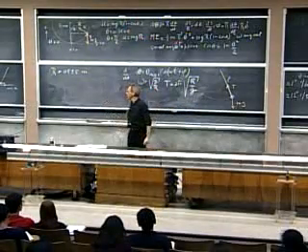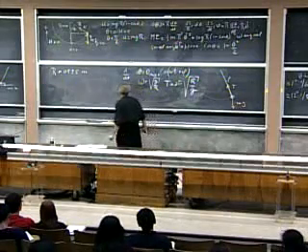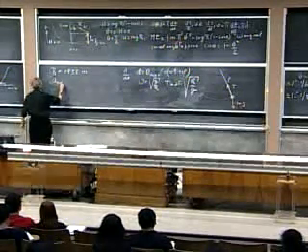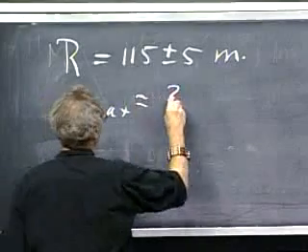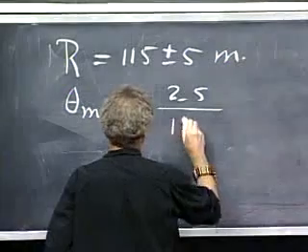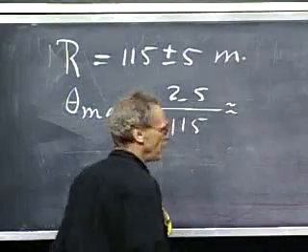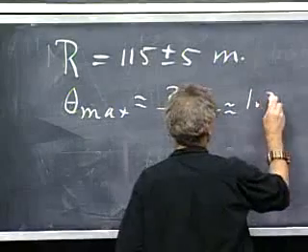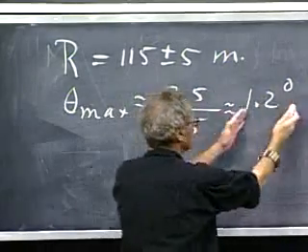So half the track is about 2.5 meters. So the angle theta maximum is approximately 2.5 meters, which is half the length of the track, divided by 115, and that is an extremely small angle. That is about 1.2 degrees. Of course, this is in radians and this is in degrees.